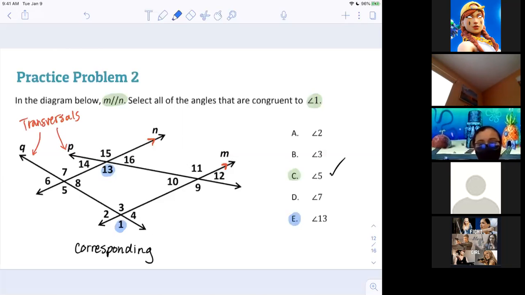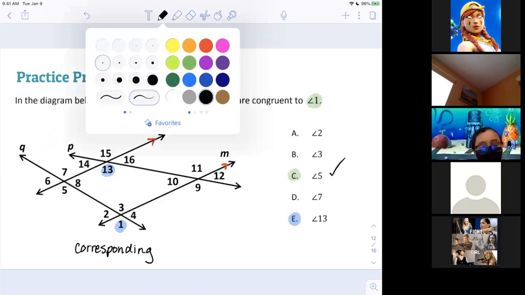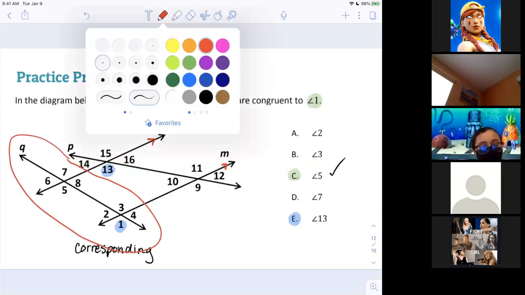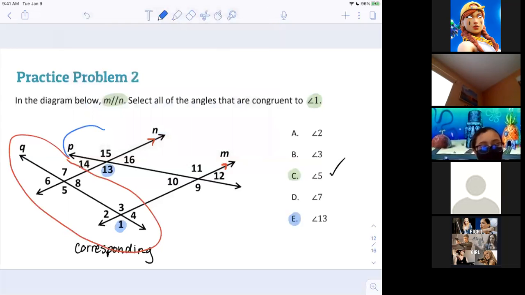No. There isn't, because here's the thing. If Q and P were parallel to each other, that would be a different story. But since Q and P are not parallel to each other, the only relationships that I can create are between this whole set of angles and then this whole set of angles. I can't cross from one set to the other set because P and Q are not parallel.